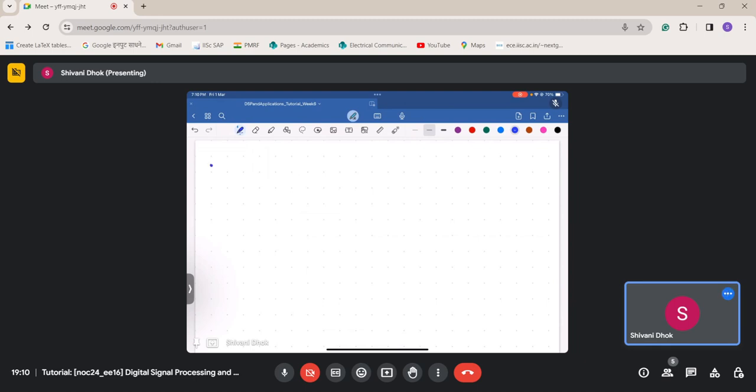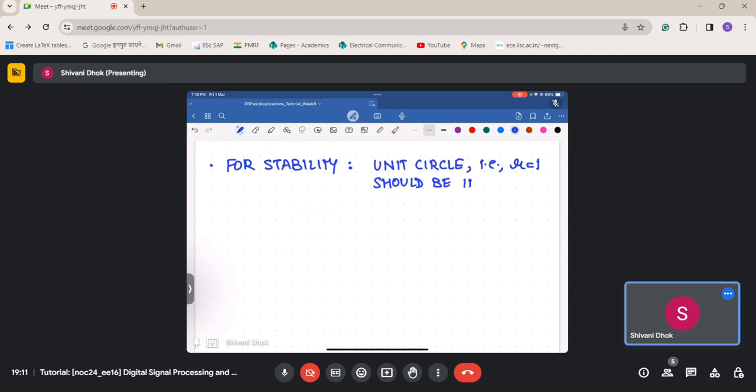For stability, what we know is that the unit circle, that is r equal to 1, should be in the region of convergence.